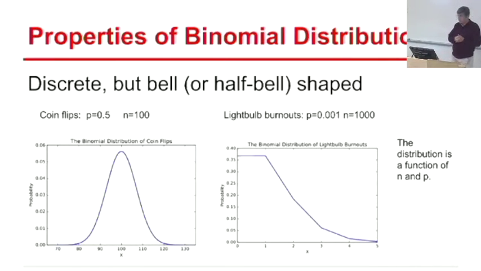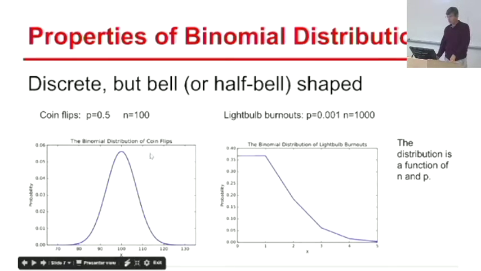Okay. So what is there about binomial distributions? Generally speaking, for coin tosses, here I tossed 200 coins that were evenly weighted. This shows the probability that I got exactly x heads.